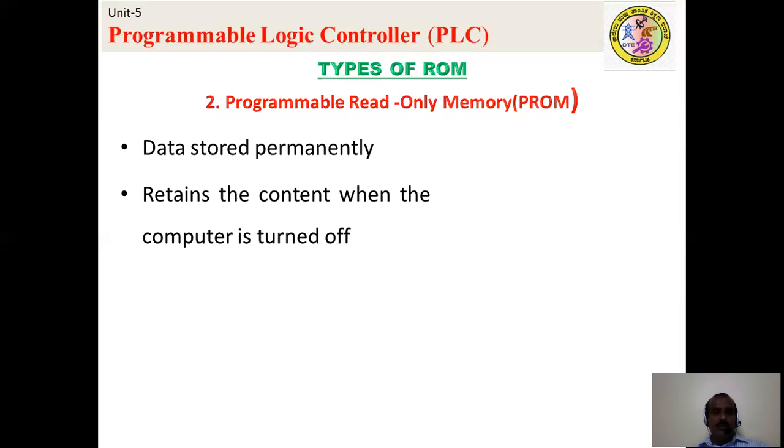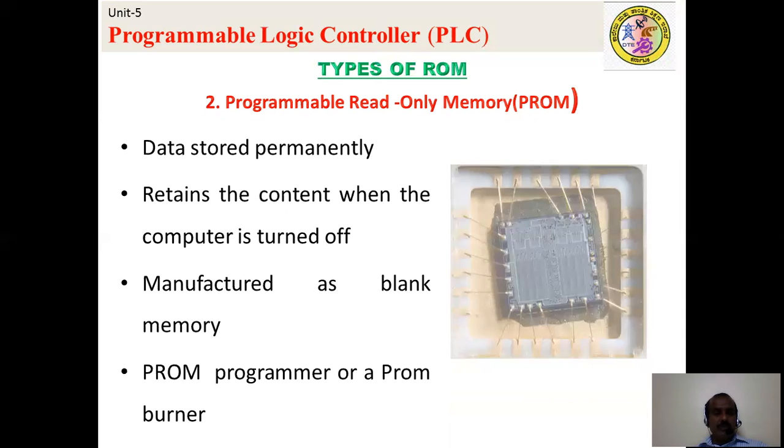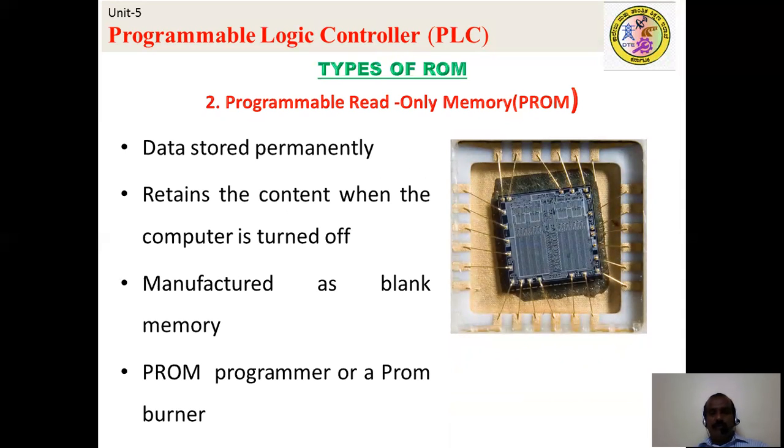Here we are going to store the data permanently. So it retains the contents when the computer is turned off. It is manufactured as a blank memory. A PROM programmer or a PROM burner is used to write the program. This is the photo of a programmable read-only memory.